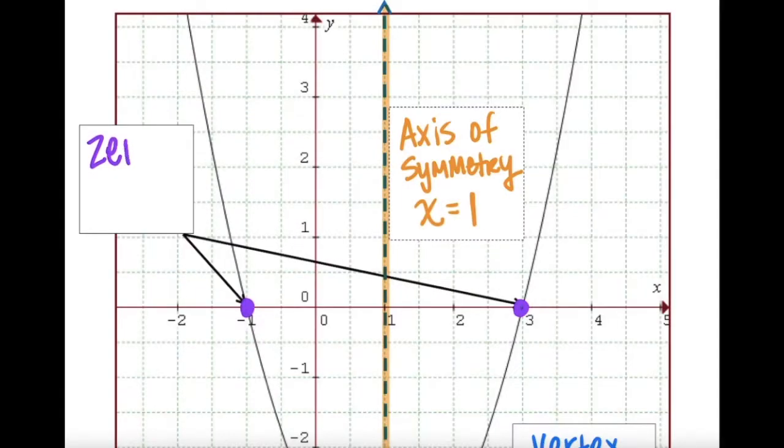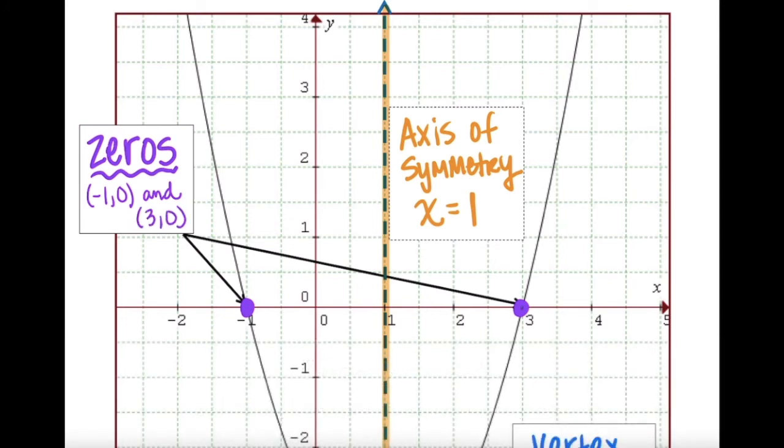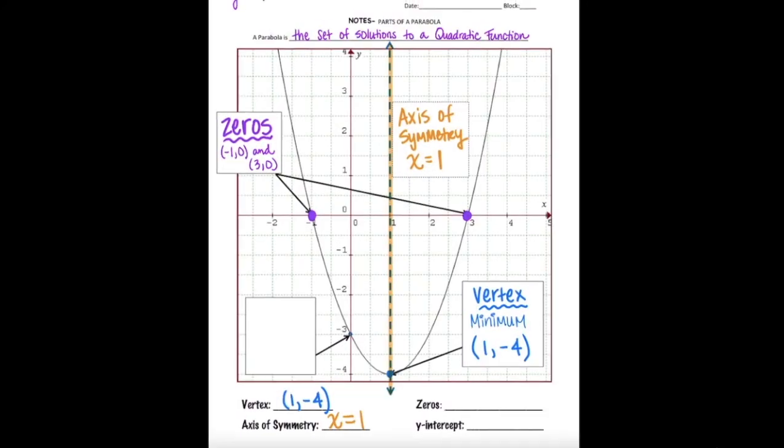The reason why these are called the zeros of the parabola is because these are the inputs x that produce an output of 0. So if I look at the coordinates here, one of the zeros is at -1, 0, and the other one is at 3, 0. Hence why these are called the zeros of the function. So down here at the bottom, we'll label those as -1, 0 and 3, 0.